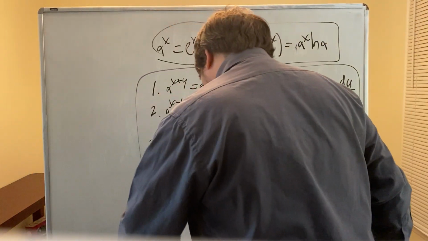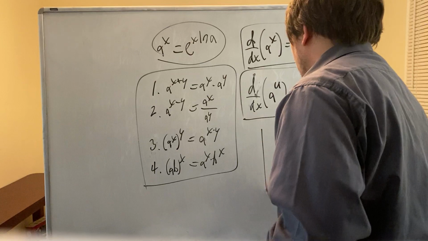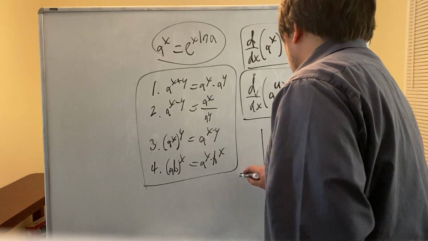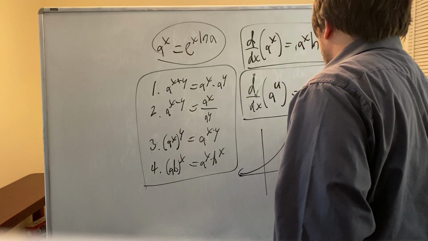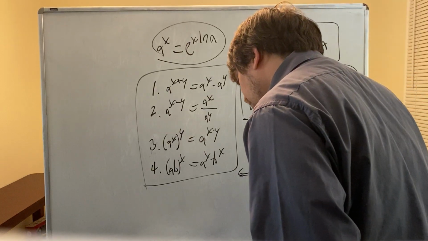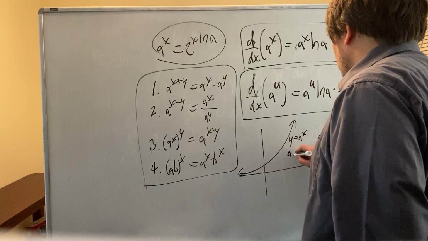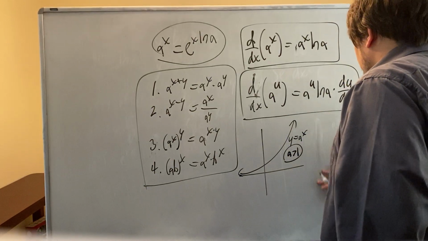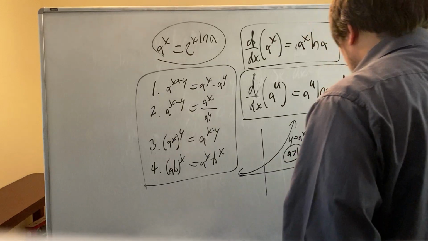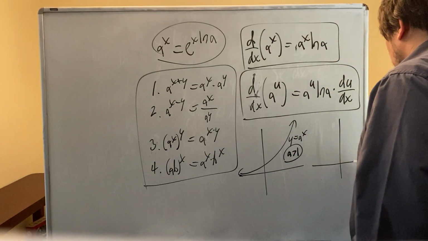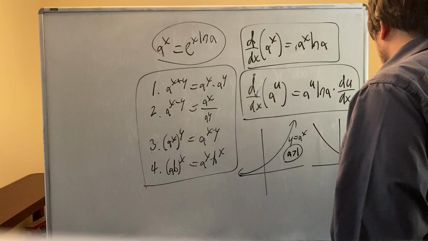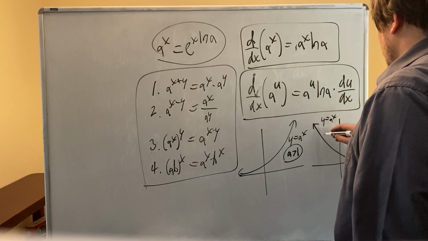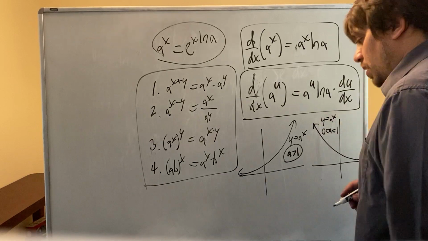Also, the graphs of y equals a to the x. This is the graph of y equals a to the x if a is greater than 1. Okay, and then it looks like this if 0 is less than a, less than 1.